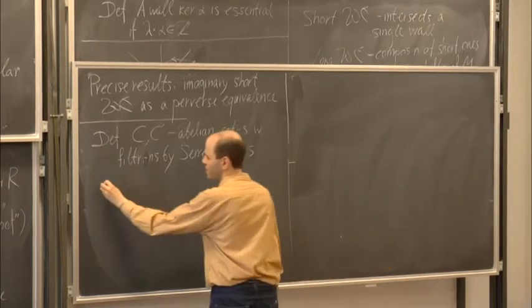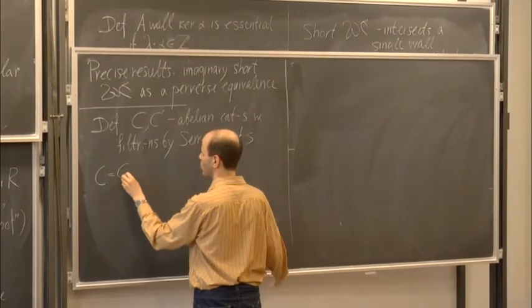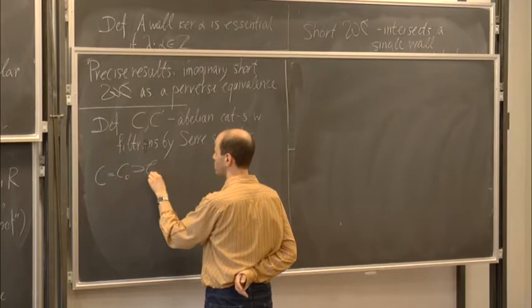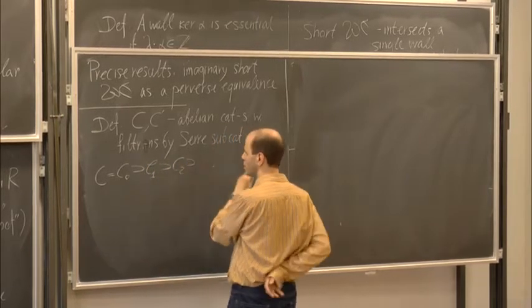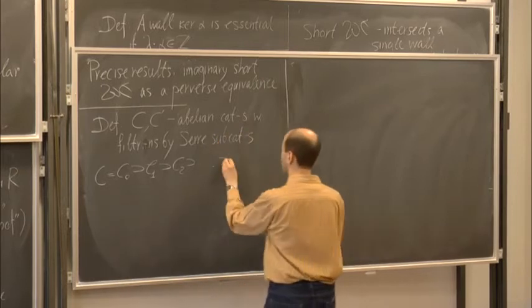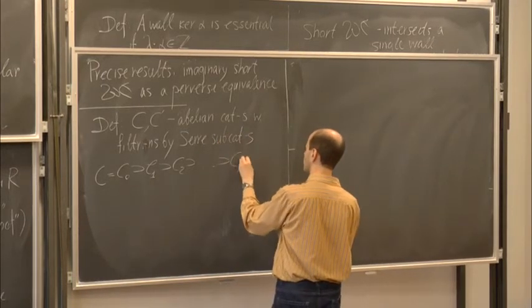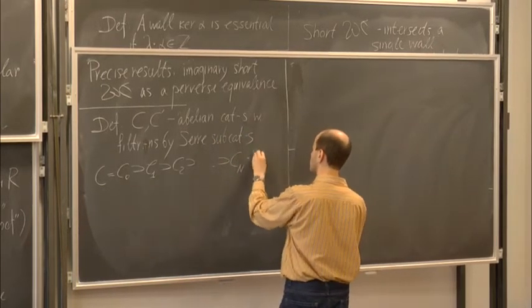So say C equals C_0 contains C_1, contains C_2, and so on, and it stops when I have C_n equals 0.